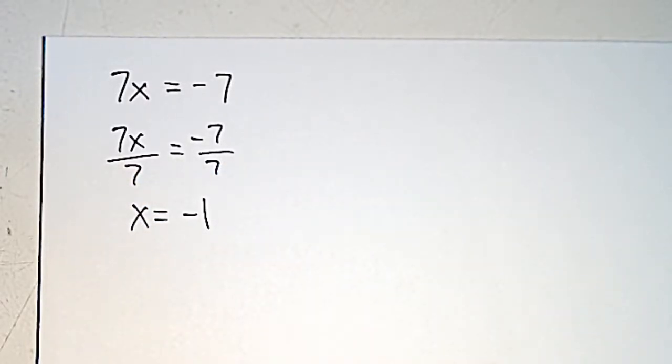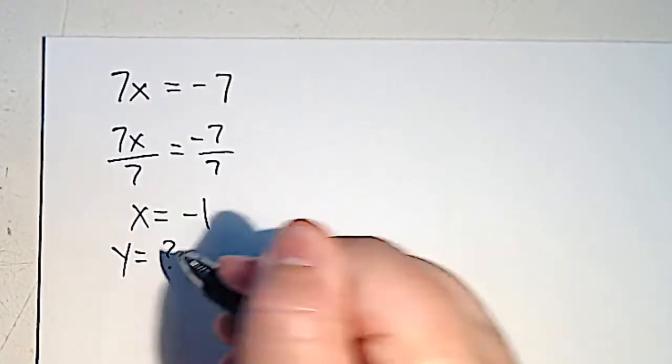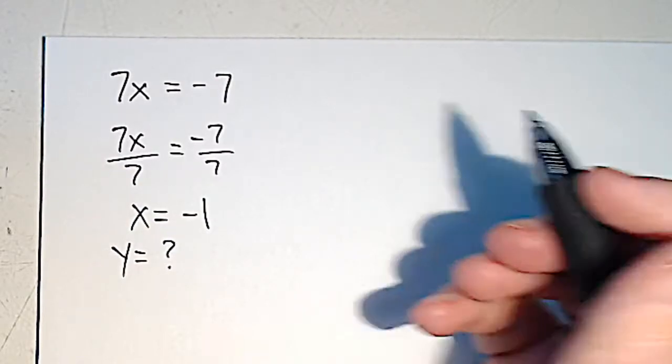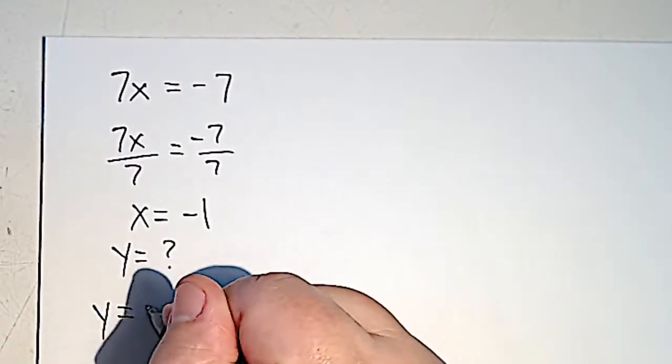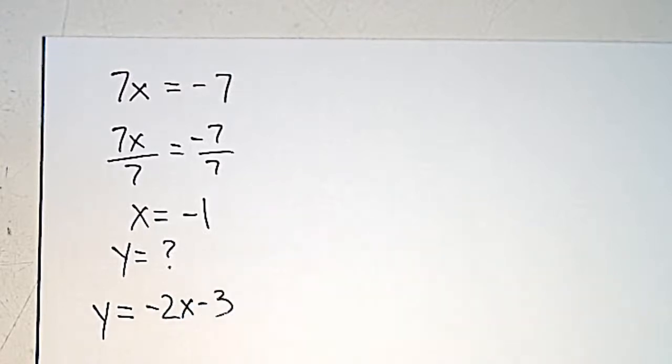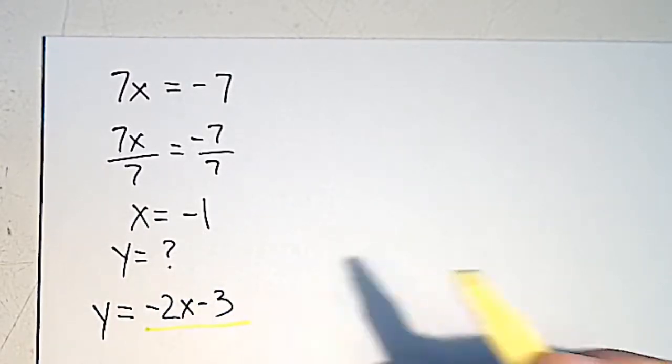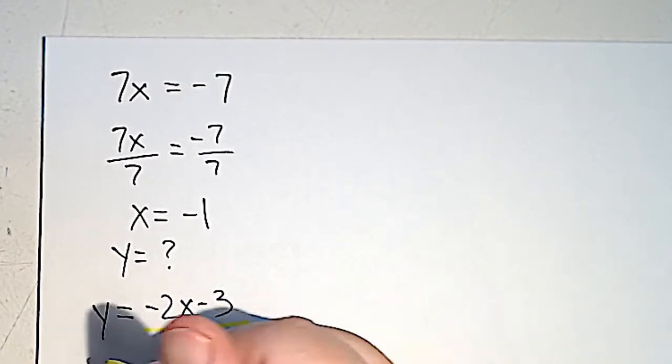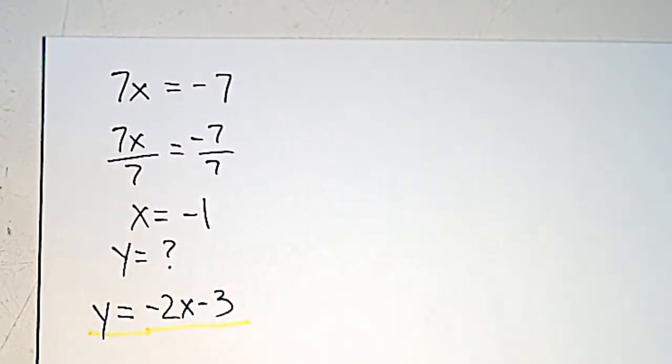So that's x. We still need to find y. And I will copy from the previous page. We know that y equals -2x minus 3. That is the yellow equation. Sorry, the whole thing is the yellow equation.